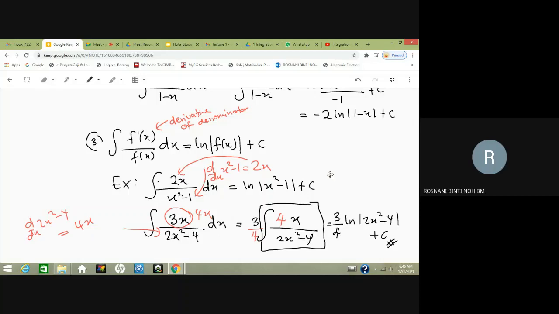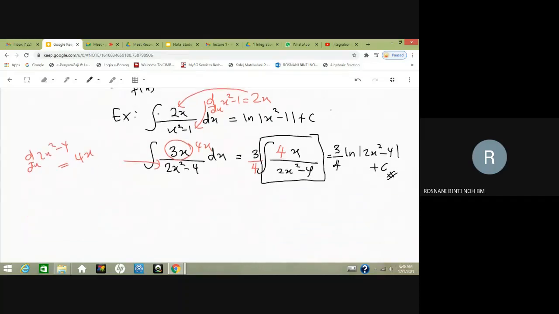Alright, one more example might help. The integration of 4x e^(x squared) plus 8 over e^(x squared) plus 4x.